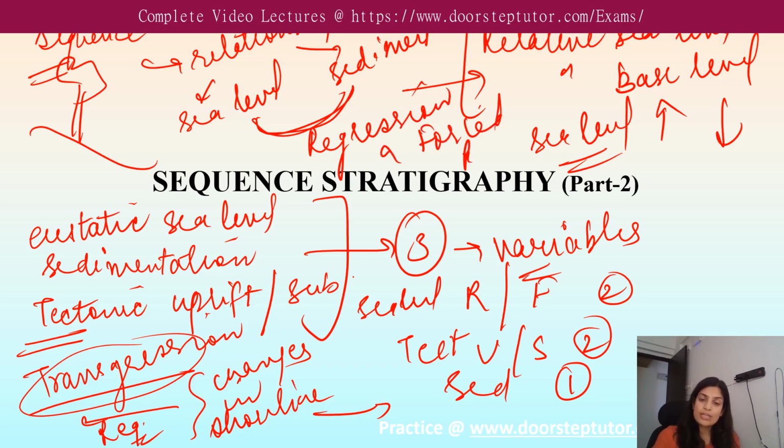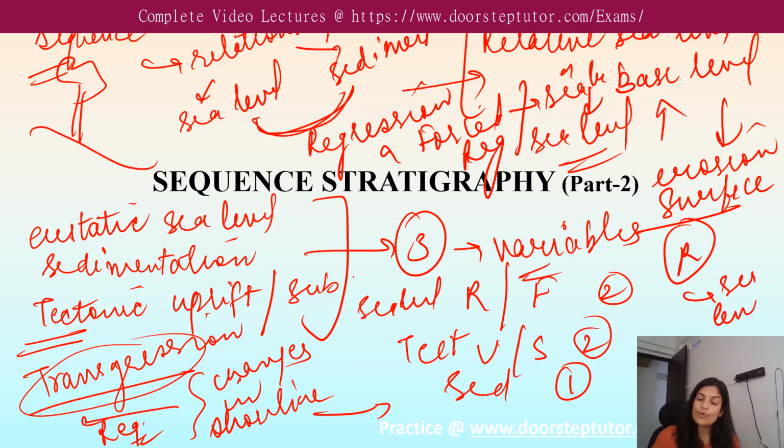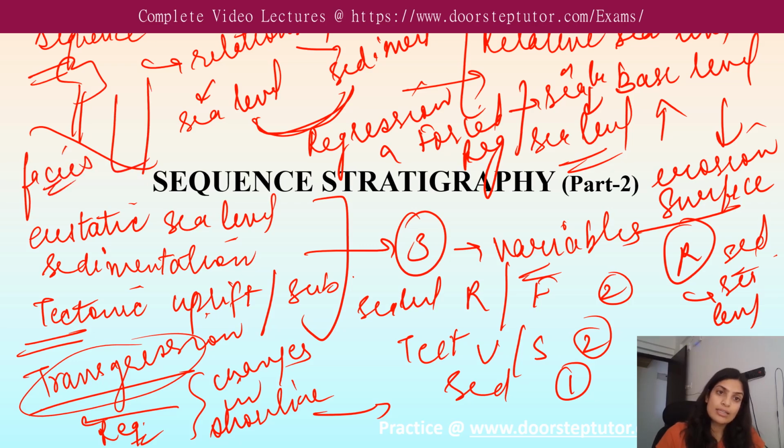Because in forced regression, there was a sea level fall, right? And there was an erosional surface which was developed. Whereas in just regression, the sea level was constant and it was all due to sedimentation, right?